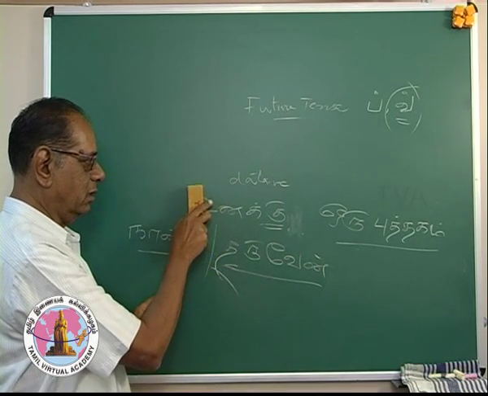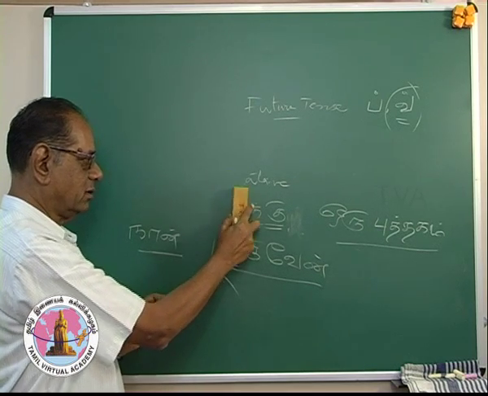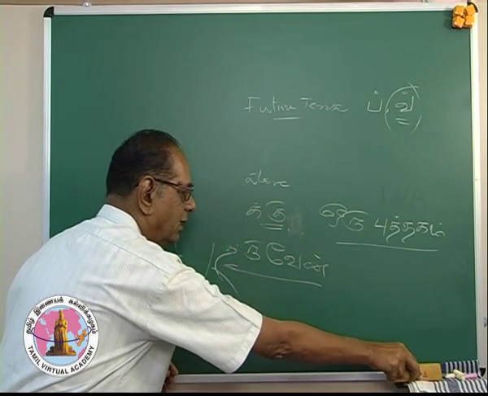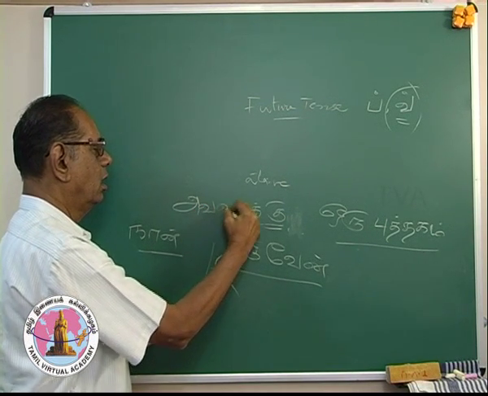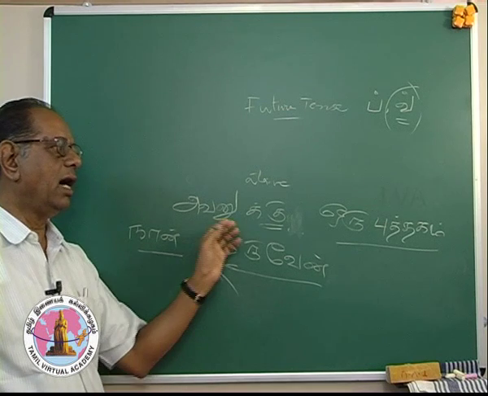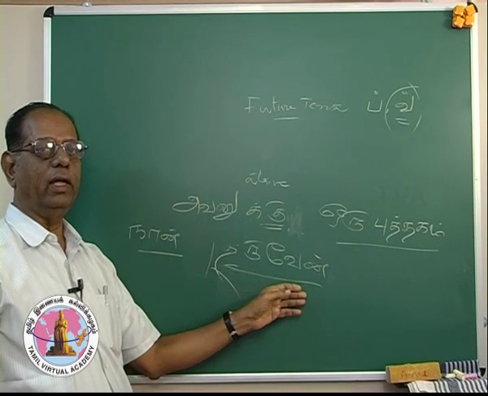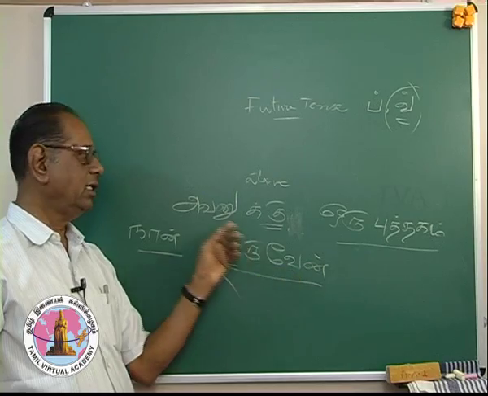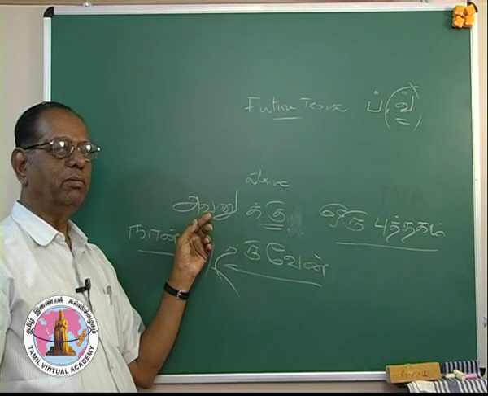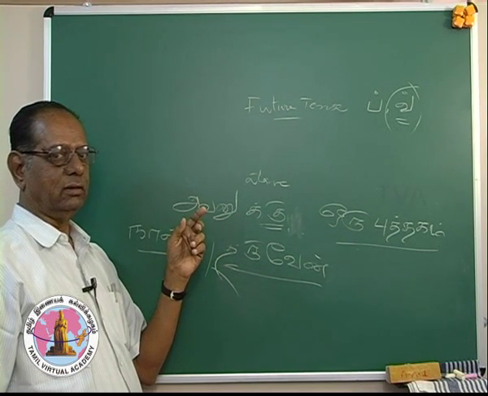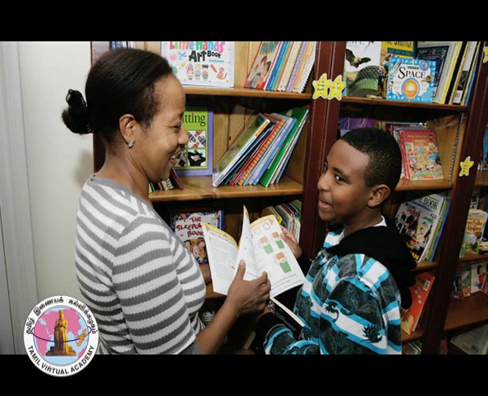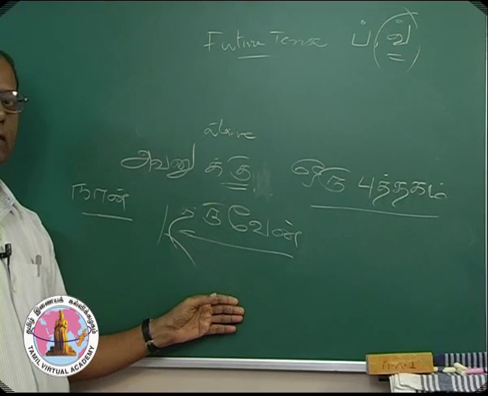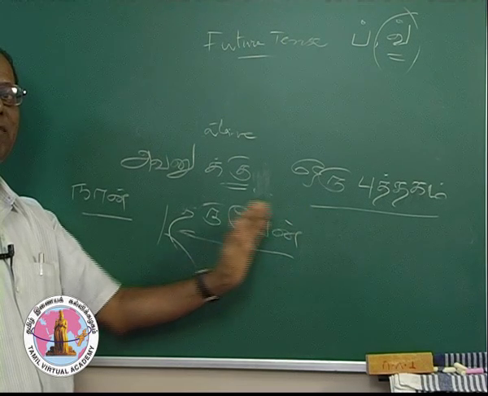I can replace it with anything else which will be the indirect object. நான் அவனுக்கு ஒரு புத்தகம் தருவேன். I have changed only the person of the object. The construction does not get affected.